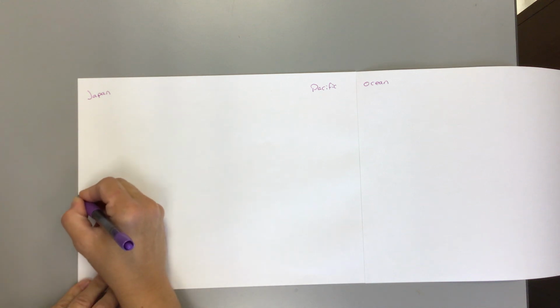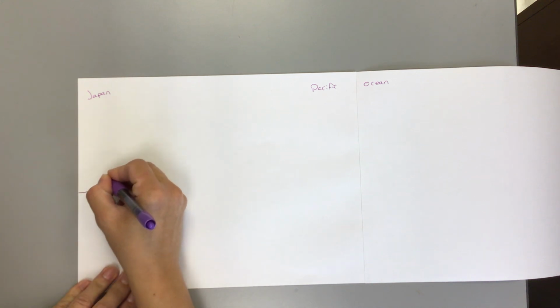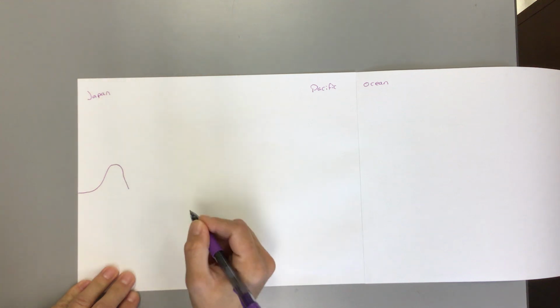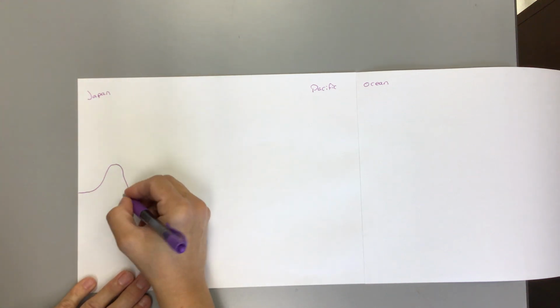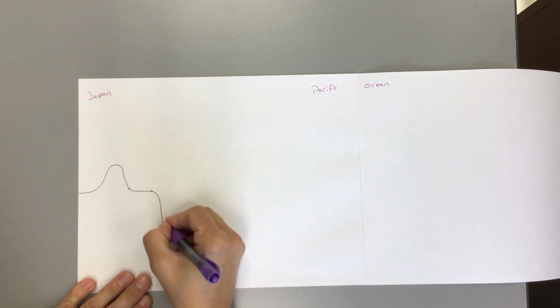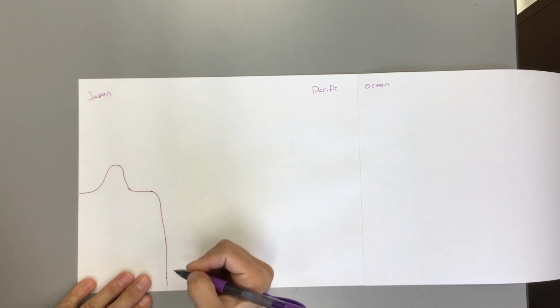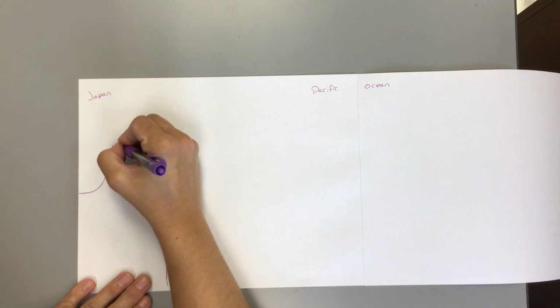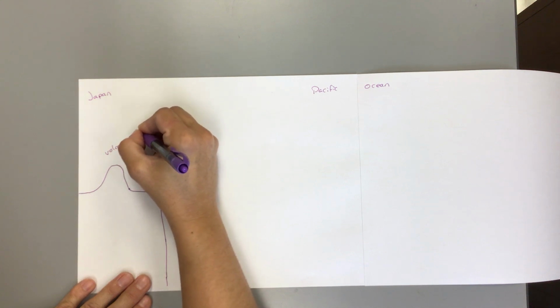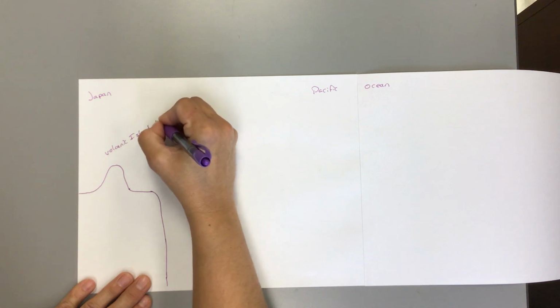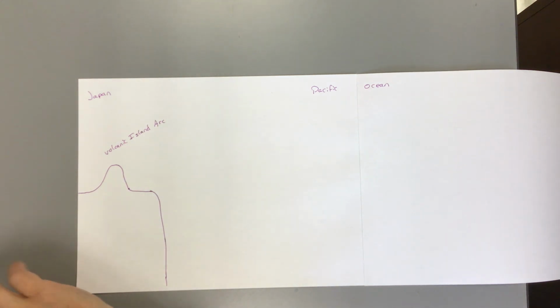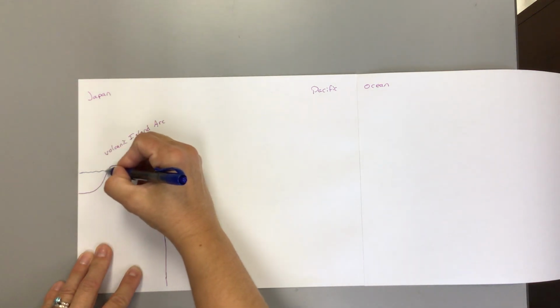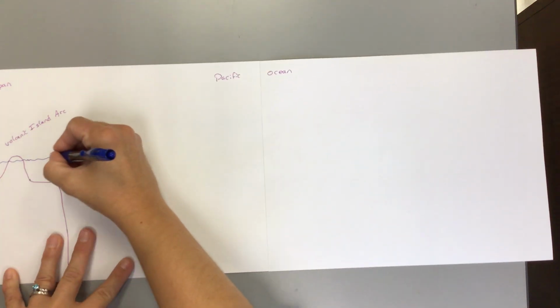So first, we're going to start out with a volcanic island arc. That's going to drop off into a shelf. Japan is actually a volcanic island arc. So I'm going to draw my water, just so we know that that part's above the ocean.